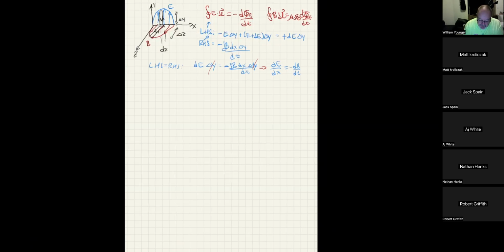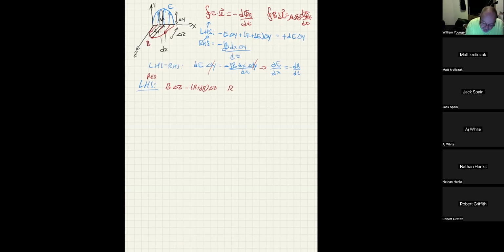Now, if I do the same thing to that other rectangle that's in the red field and apply the right equation, I get the left-hand side for the red equation. That's going to give me what I told you before: B times delta Z minus B plus dB times delta Z. That's the left-hand side.